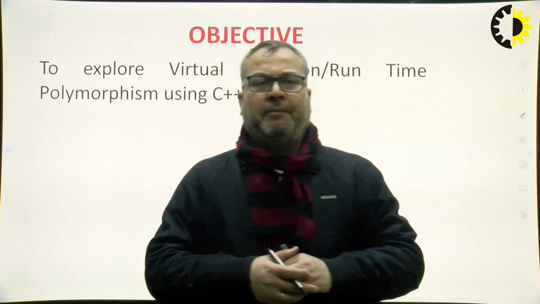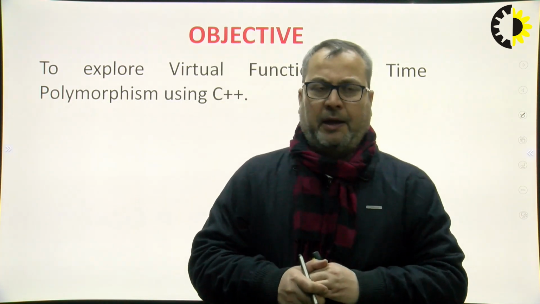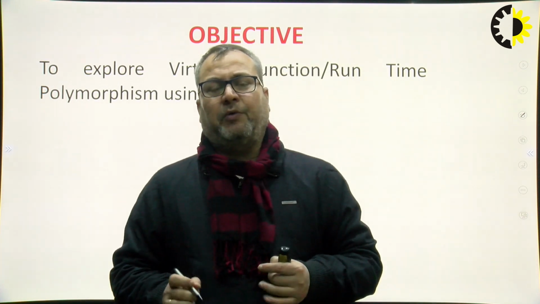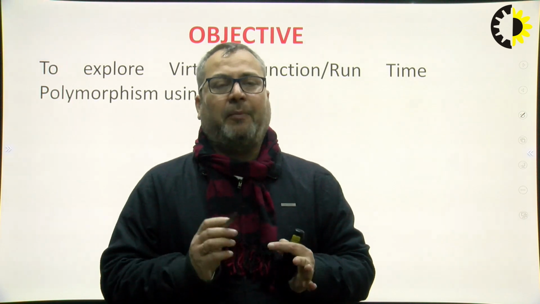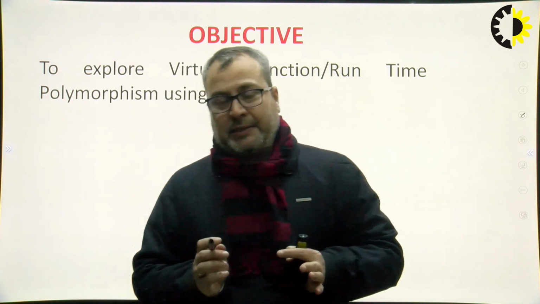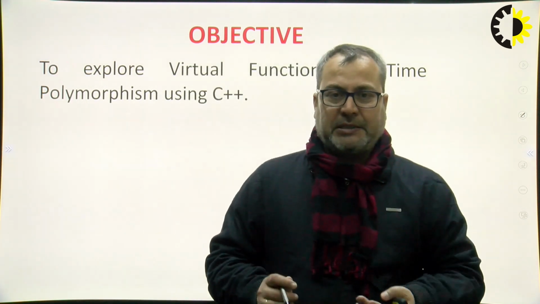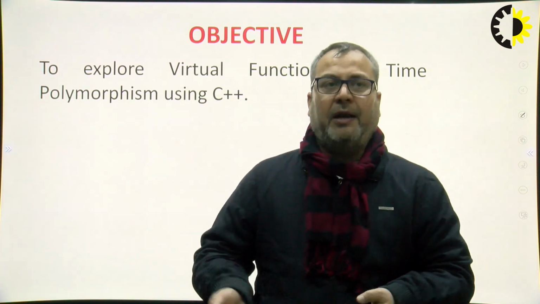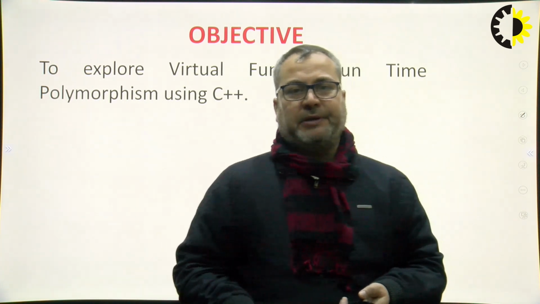Compile time polymorphism is achieved by using the concept of function overloading or operator overloading, right? Sometimes it is called static polymorphism, or you can say early time polymorphism.